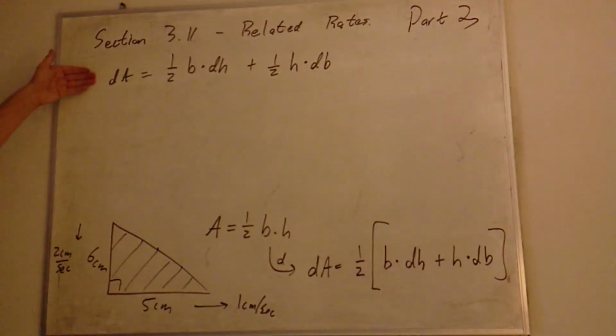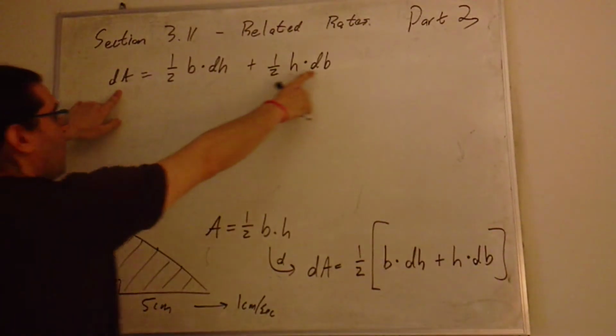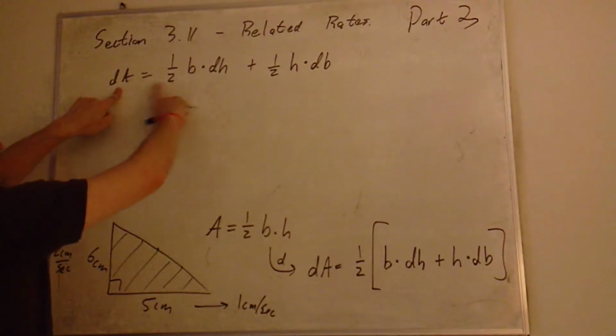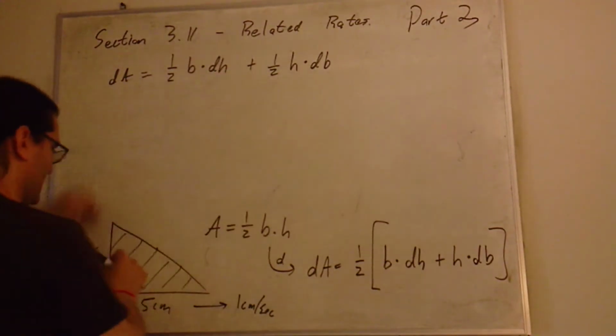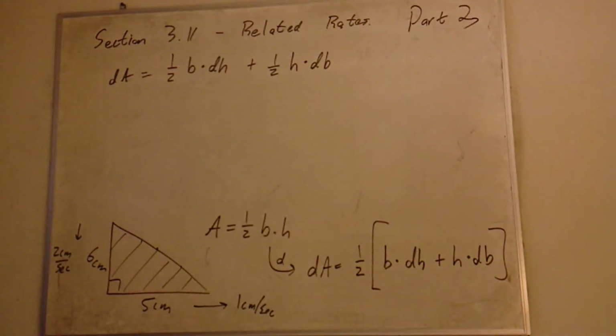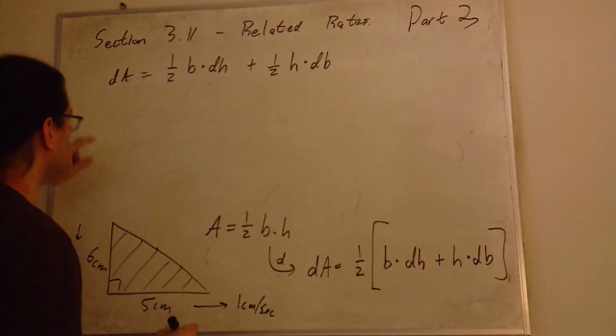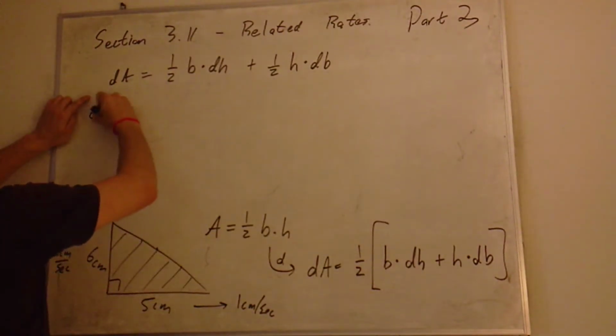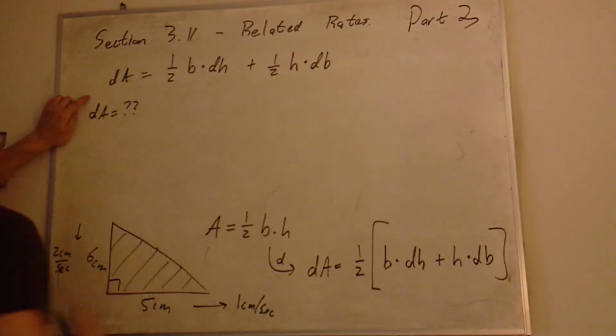This is the formula that connects the changing rates of all three of these things. The area is changing as the height and base are changing. So we need to figure out what of these things we know, what we can figure out, and how we answer this question. dA is the question. That's what we don't know.